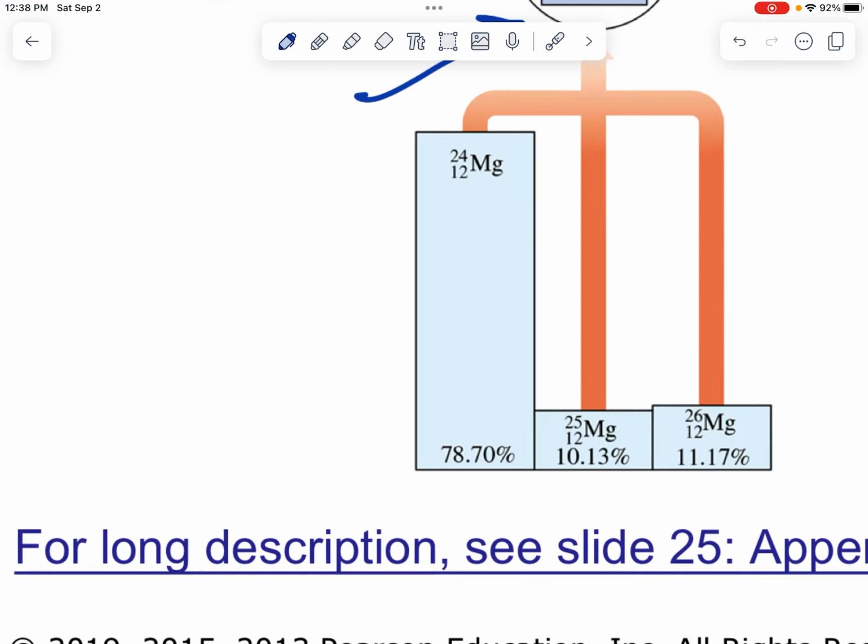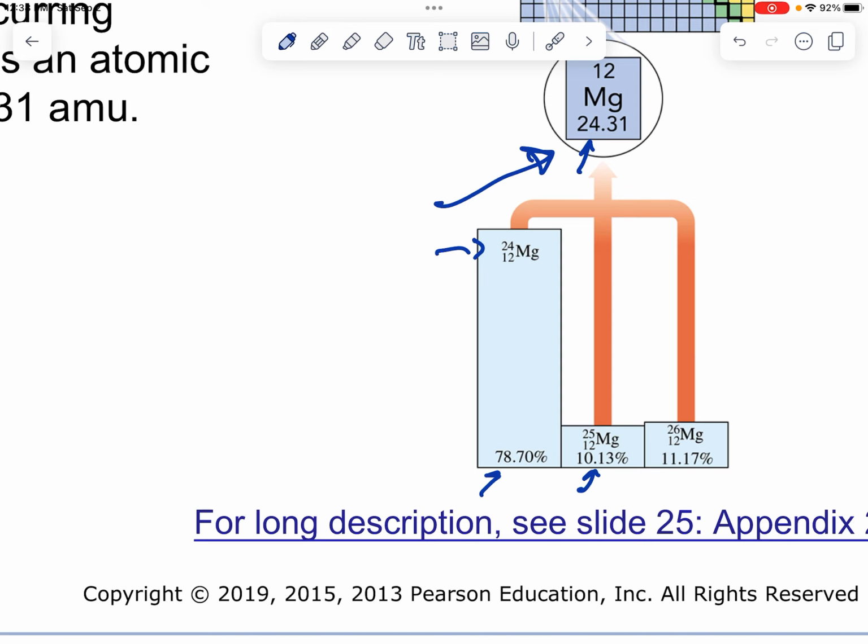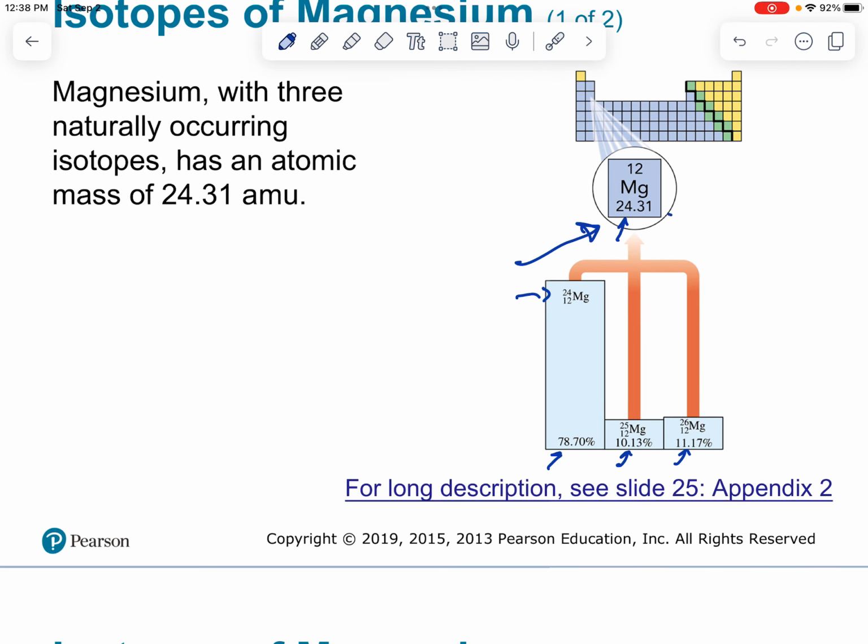Magnesium 24, that's the major one, and that's why the mass is closest to 24. Magnesium 25, which accounts for 10%, and magnesium 26, which accounts for 11%. So the mass that you see on the periodic table is a weighted average of these 3 isotopes.